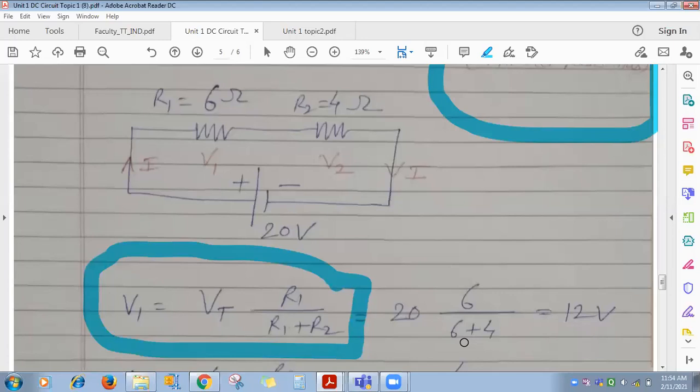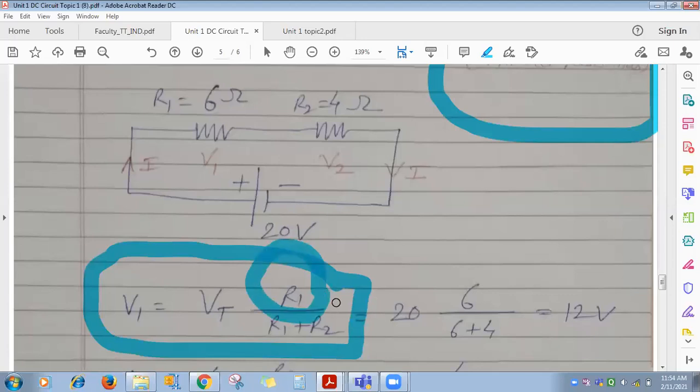Total voltage, the total 20 volt, which is applied across R1 and R2. Now V1 is the voltage drop across which resistance, R1 or R2? R1. So that resistance you have to take in the numerator.